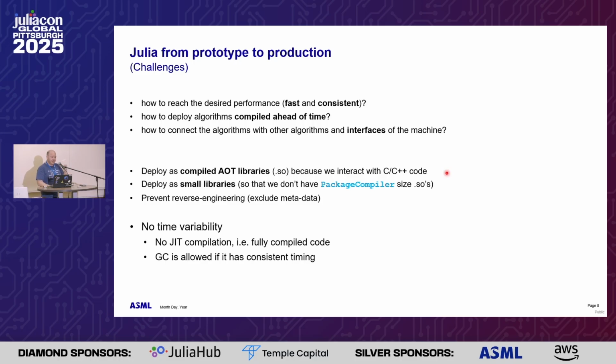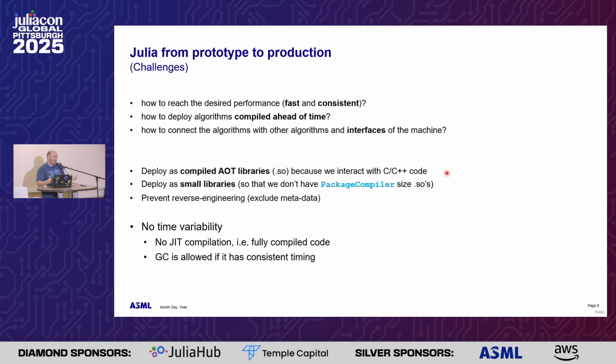Garbage collection calls are not allowed. We cannot wait for the compiler to finish compiling, so everything has to be pre-compiled ahead of time. We're not using Makie, by the way, on the scanner. Everything has to be compiled ahead of time, no JIT, everything has to be very steady, and we have to interact with our interfaces. Those are our requirements.